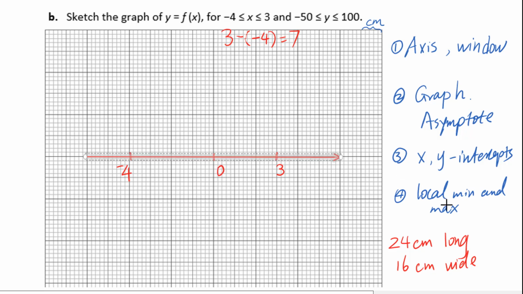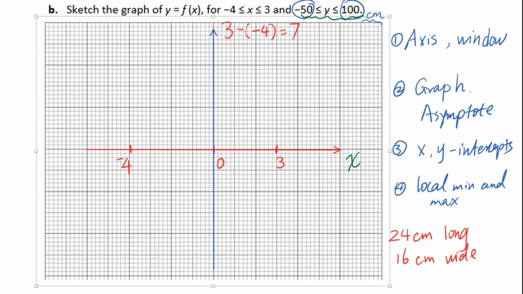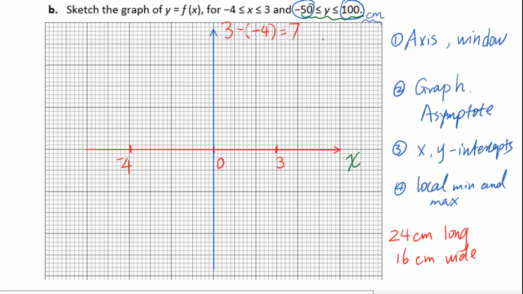Then use a ruler to draw the x-axis. Remember, label the x-axis. Then you will draw the y-axis here. After you draw the y-axis, let's calculate the scale, because the scale is not given. 100 minus -50, you will get 150.